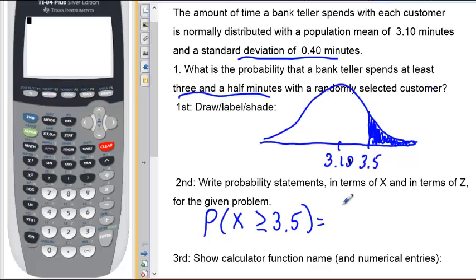Recalling from an earlier lesson that z-scores represent the number of standard deviations away from the mean for a data value, we're looking for the probability that z is greater than or equal to 1, because you noticed we counted from the mean up one standard deviation, 0.4 minutes.